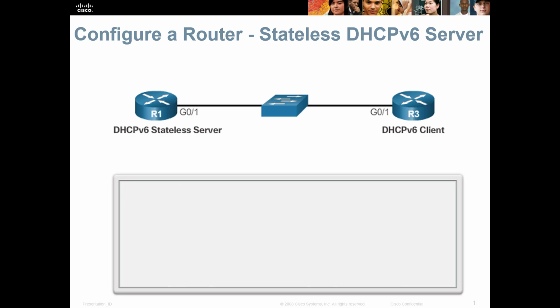So the first thing we need is IPv6. We have to enable it as unicast routing. So we have to say we're going to do IPv6 routing here. And this is not a server command specifically. Don't get it wrong. Look where we are in the configuration.